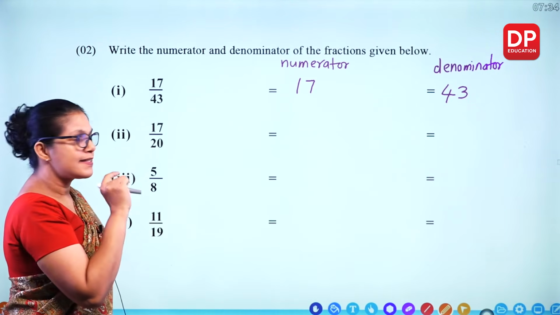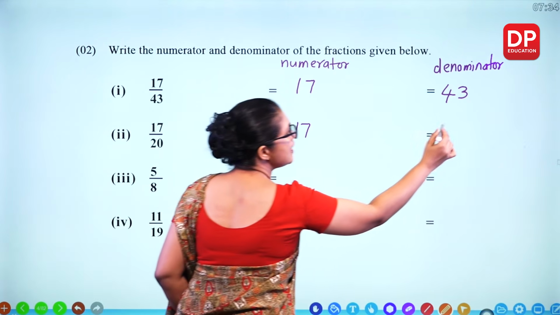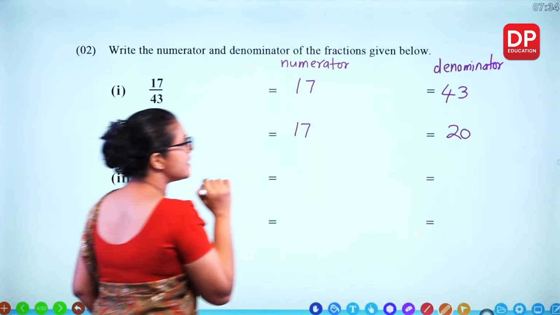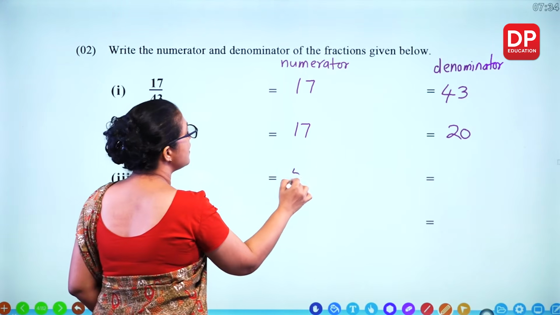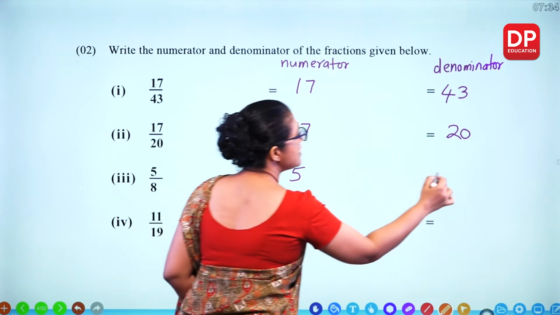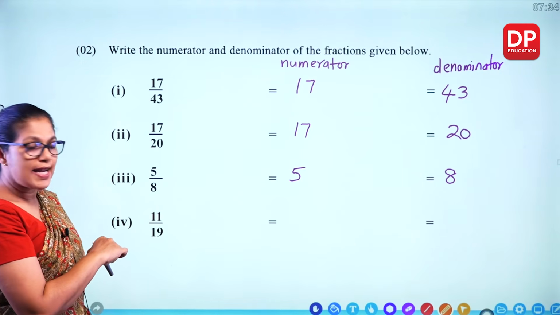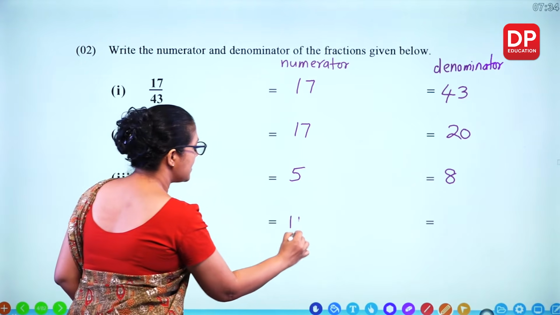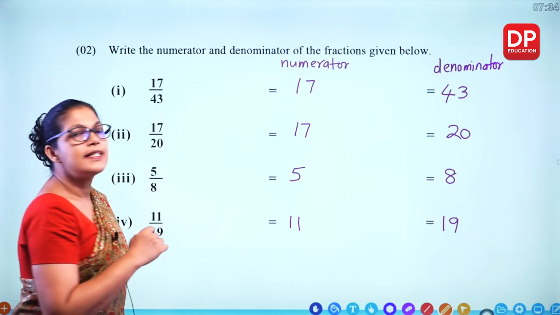This one, 17 is the numerator, 20 is the denominator. 5/8, 5 is the numerator, 8 is the denominator. 11/19, 11 is the numerator and 19 is the denominator.